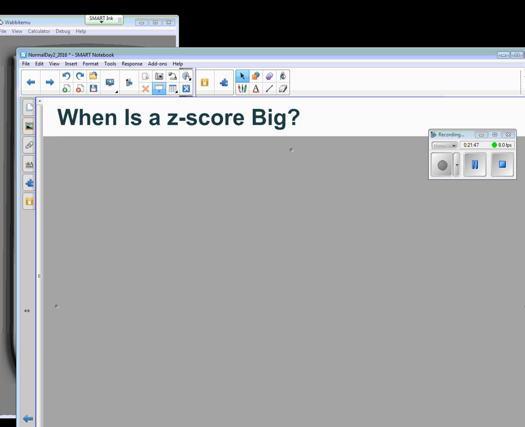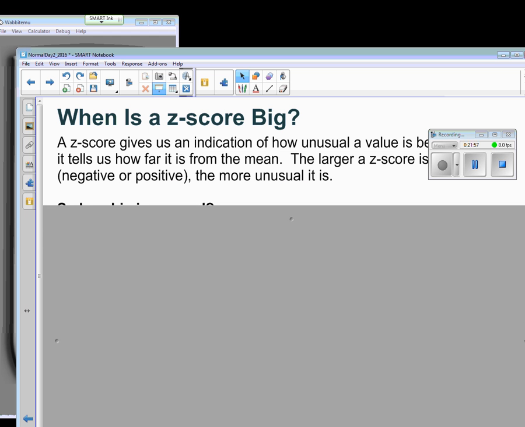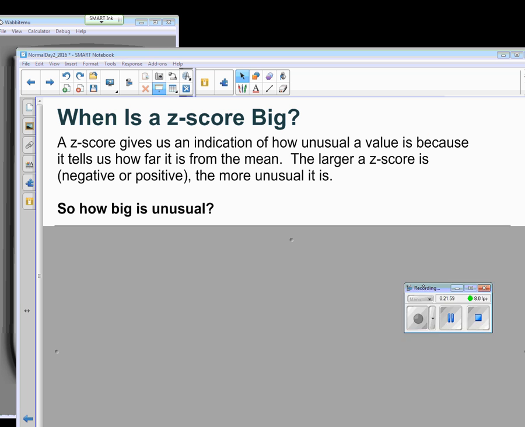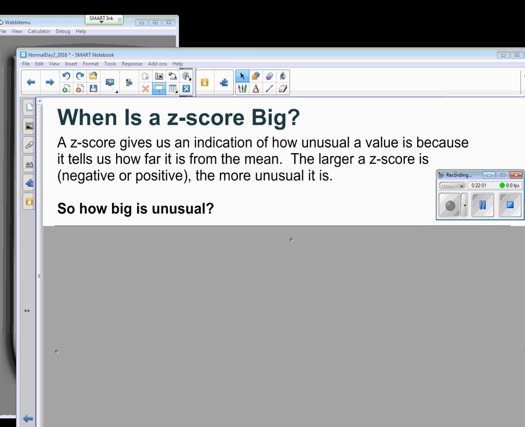What about a z-score of negative 3.6? Again, outside of 3 standard deviations, right? So that's when we talk about being unusual or big. It's when a z-score gives us an indication of how unusual a value is. If it's outside of 3 and negative 3, we consider that an unusual score. I think that question comes up in your packet, okay?